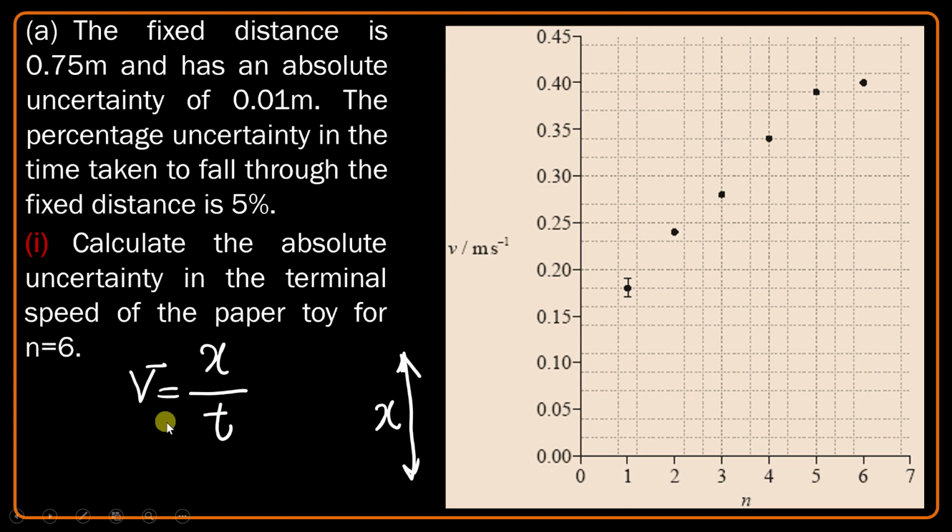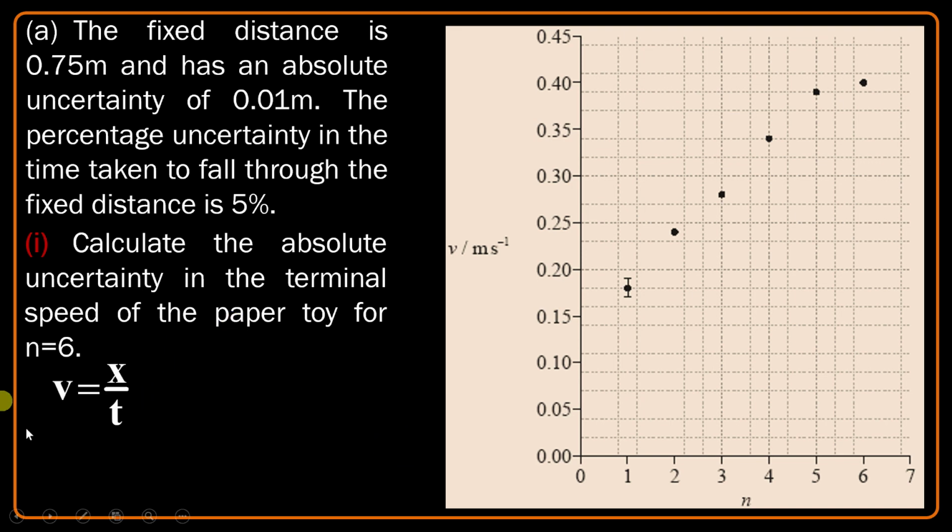Here we are faced with multiplication and division. So for uncertainty, we should go first for fractional uncertainty, then absolute uncertainty. I have already mentioned that in the previous video. So let's start. V equals x over t. So delta v over v will be delta x over x plus delta t over t.